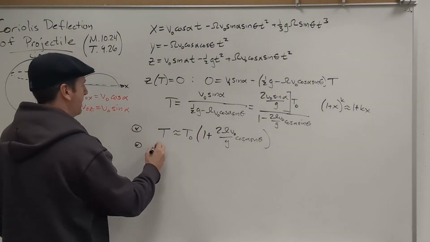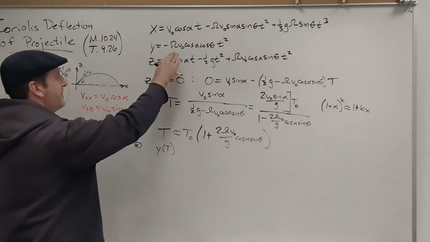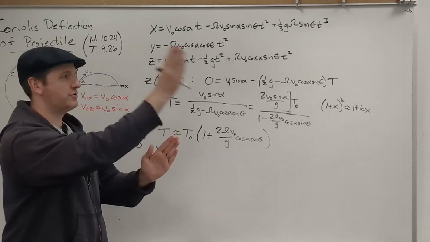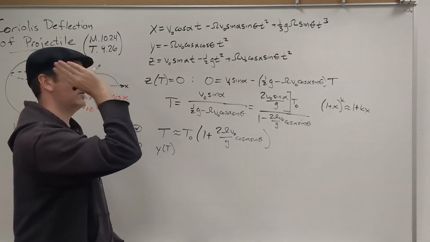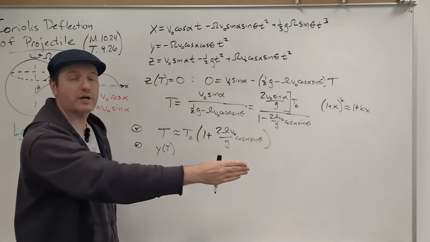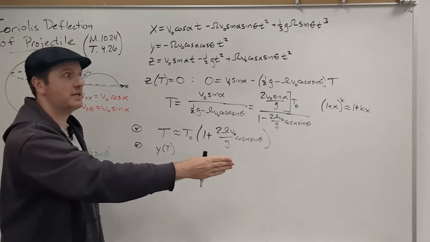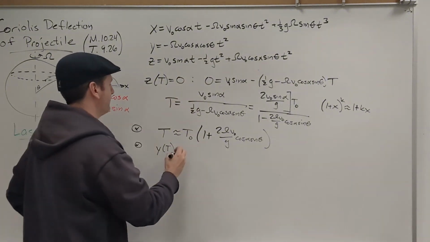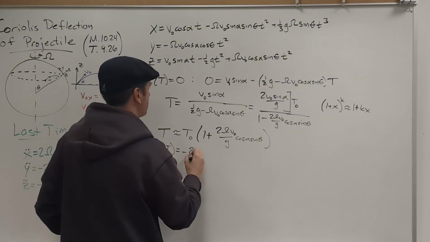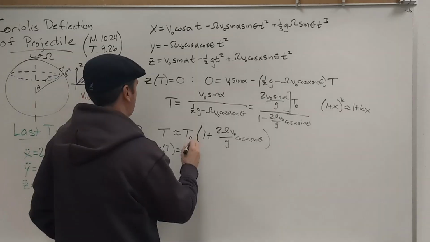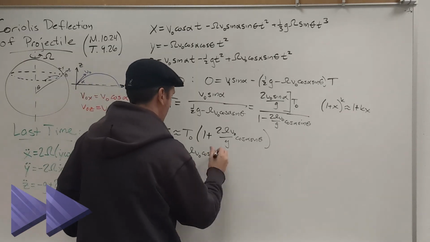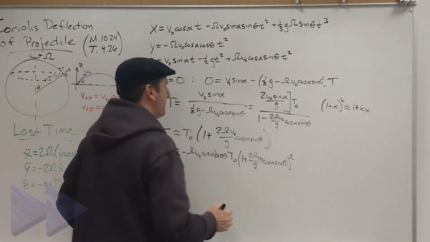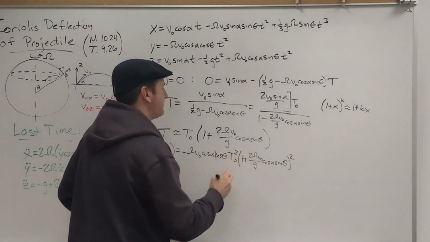Here's another one. Y at this landing point is no longer 0. In other words, I might have imagined firing this directly to the east and it'll land somewhere directly east of where I fired it, but now we're going to see that's not true. In fact, plugging in t for this thing, at least to this order, gives us something a little interesting.